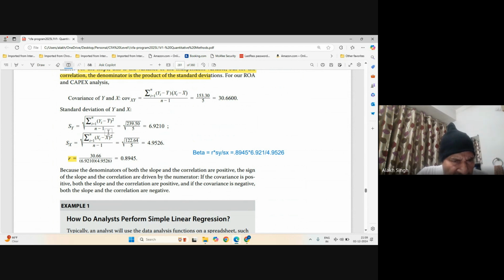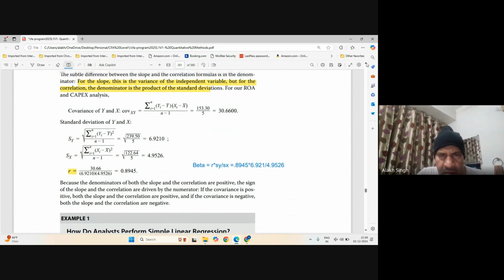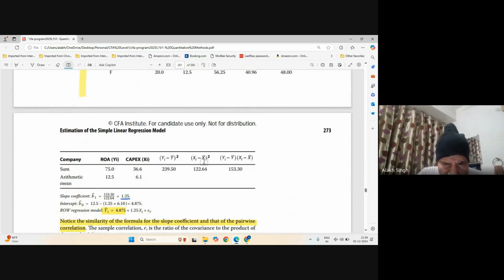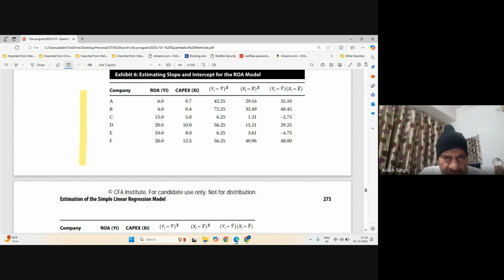So this one is Sx, standard deviation of X and standard deviation of Y. But this one is available: xi minus x bar sum is 122.64. But where is the standard error? How did it get 11 point something? It has not been calculated here.